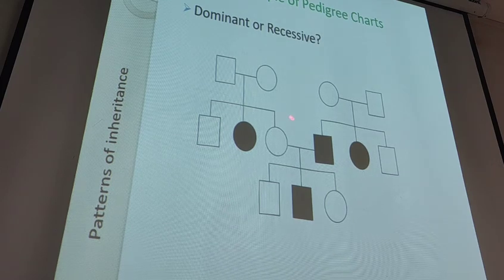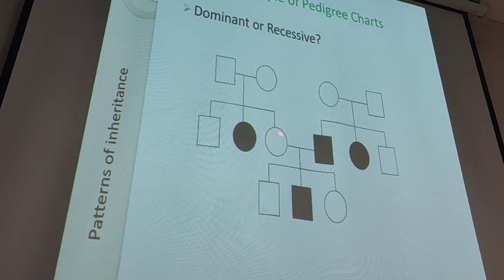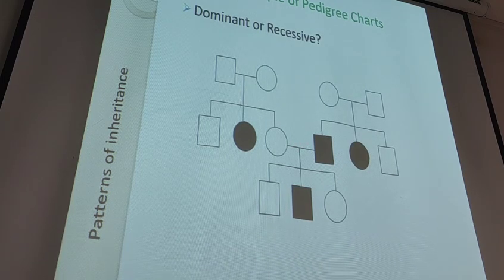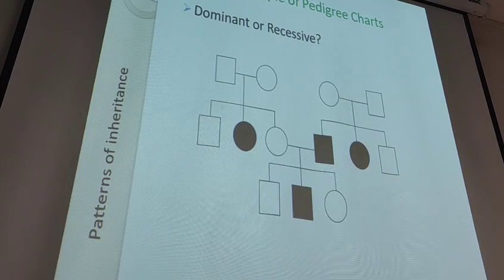What about this part of the pedigree? Affected individual has affected father. So do you think this is autosomal dominant or recessive? This is autosomal recessive.